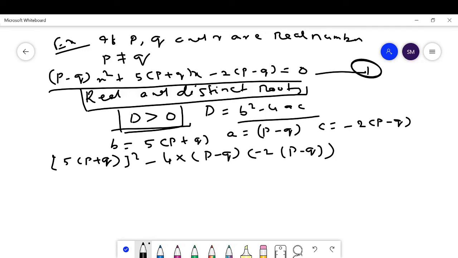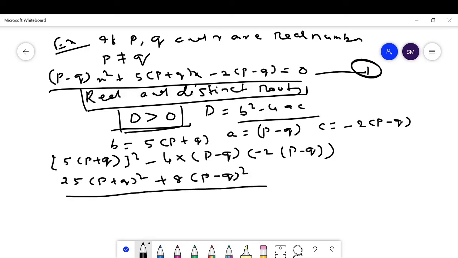Then here 5 into P plus Q whole square is 25 P plus Q whole square. Then this is plus 8 P minus Q whole square. Look at here. This is a whole square number. This is also a square number.